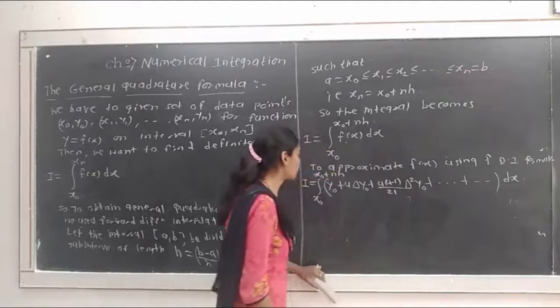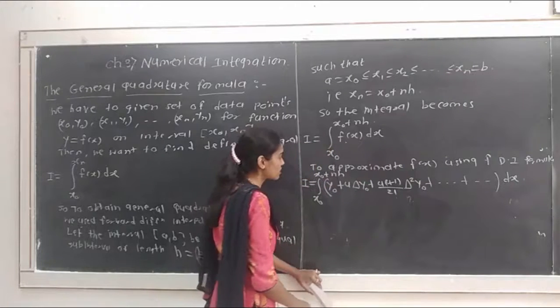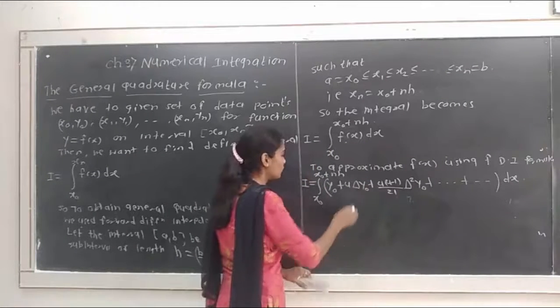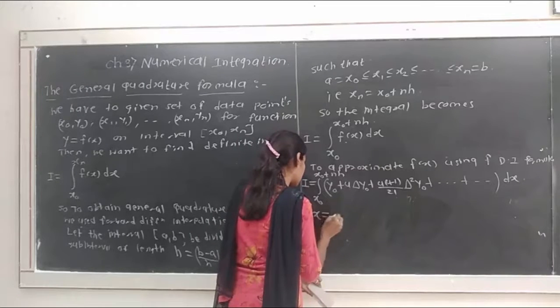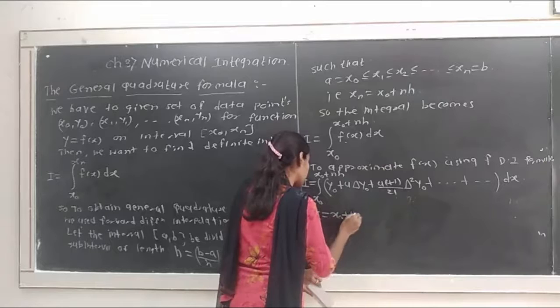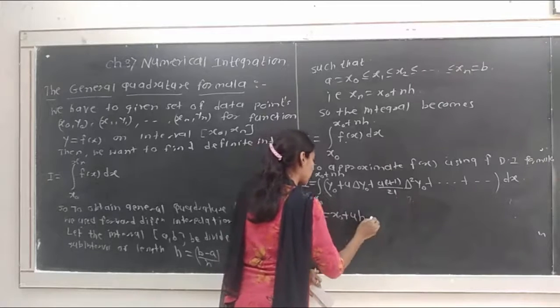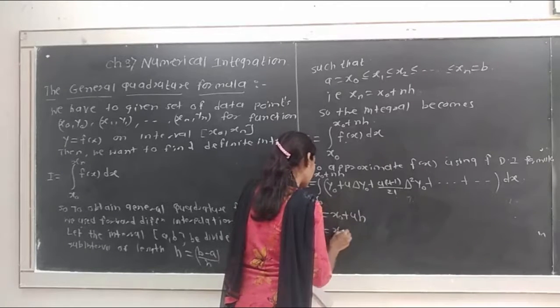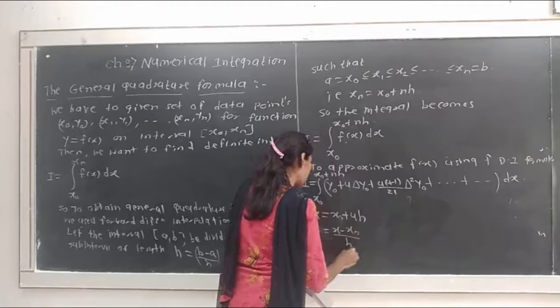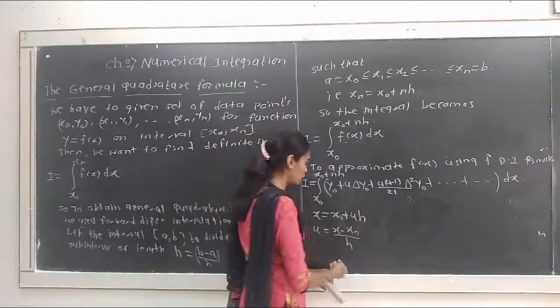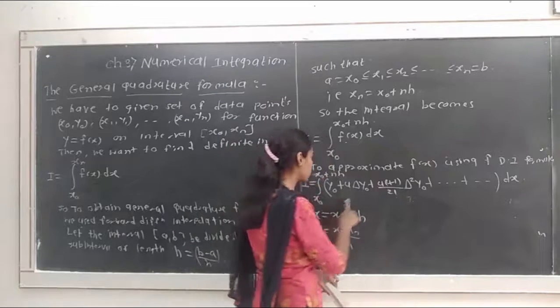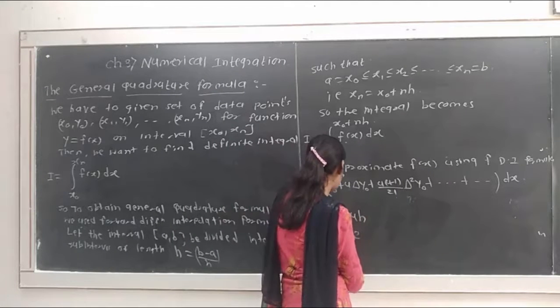Into dx. Okay, then in the next step we take the substitution: u is x minus x0 divided by h, so x is equal to x0 plus uh.